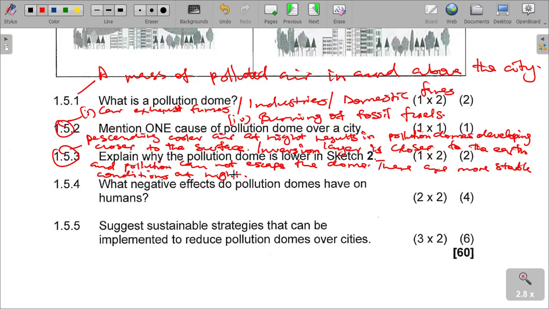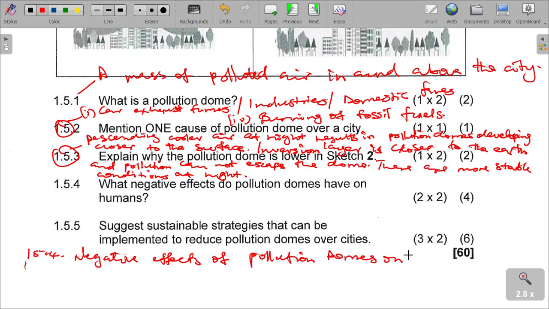1.5.4, what negative effects do pollution domes have on humans?